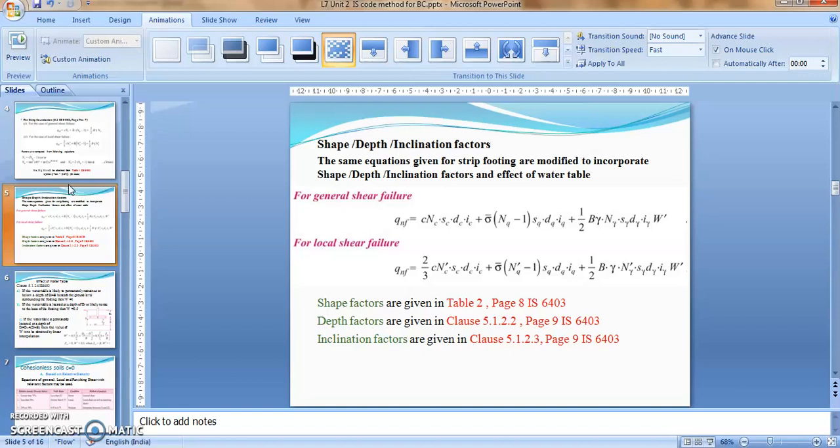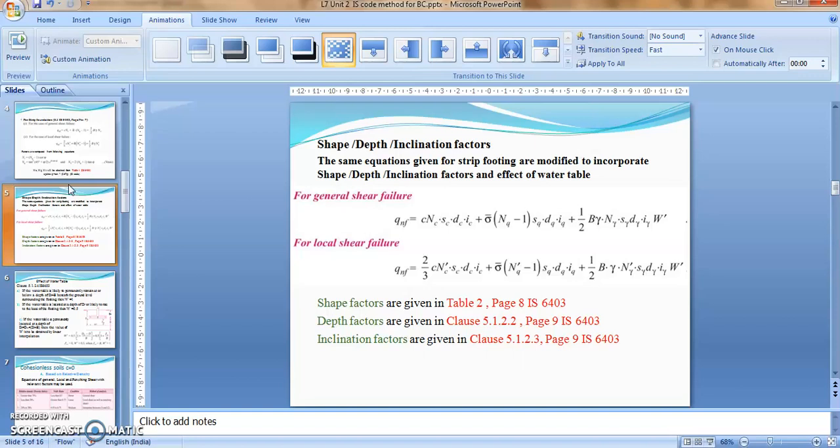Just confirm this. I think I've already studied this before, but more or less it is like this. The length has to be equal to or more than 5 times the width, then you call it a strip. Or the width has to be more than 3 times the width of the wall that it is supporting. Now clearly it is not a strip footing.